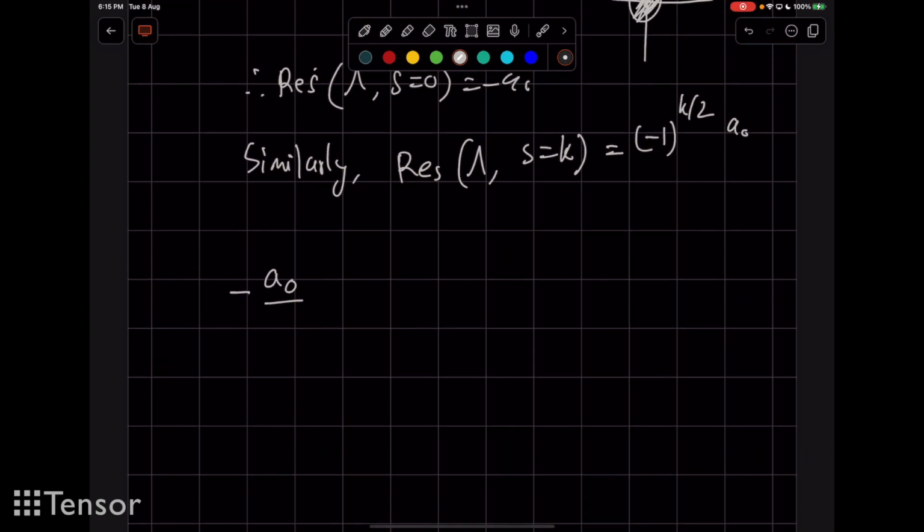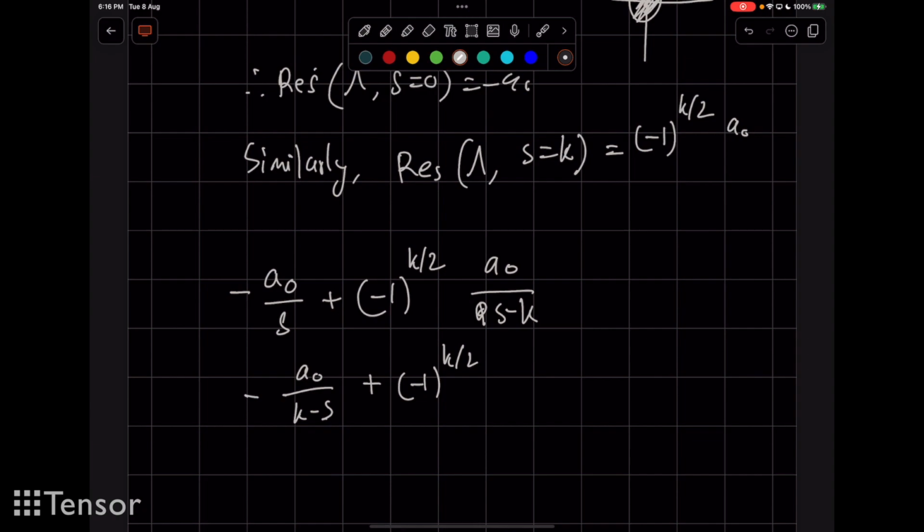Let's first write the constant terms. So if we replace s by k minus s, what do we get? We get here -a0 over k minus s plus (-1)^(k/2) a0 over minus s.